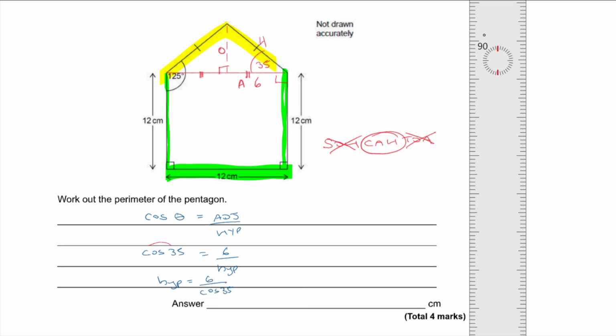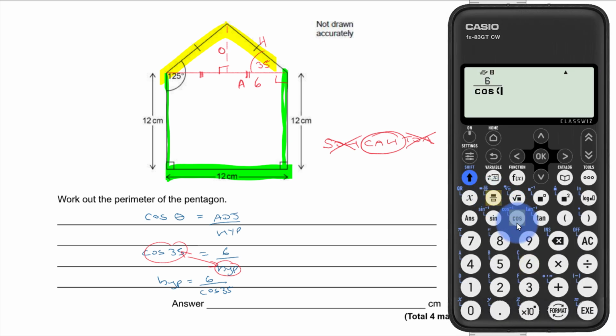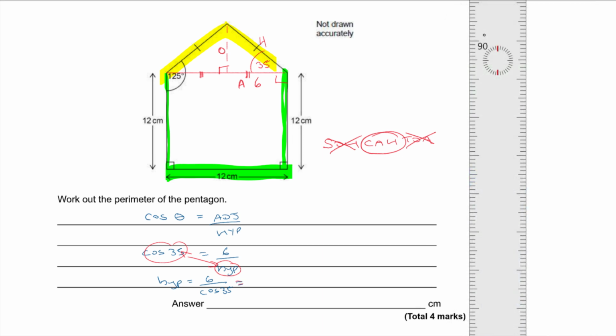These two swap around, don't they? When you've got the thing you want to find at the bottom, you just switch these two around like that. So it's 6 divided by cos 35 into the calculator, that comes out to be 7.32 and change. Okay, so I'm going to write down 3 significant figures, 7.32, but I'm just going to retain that in my calculator for the final calculation.